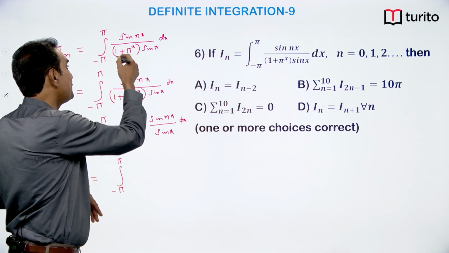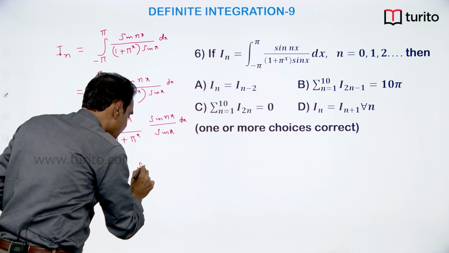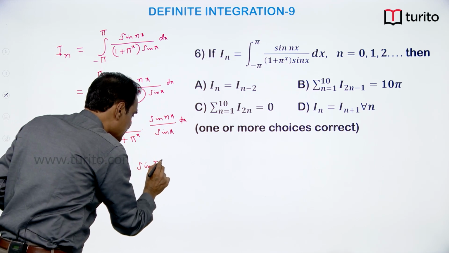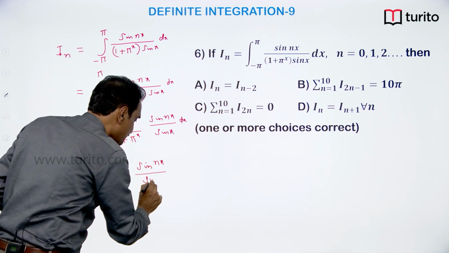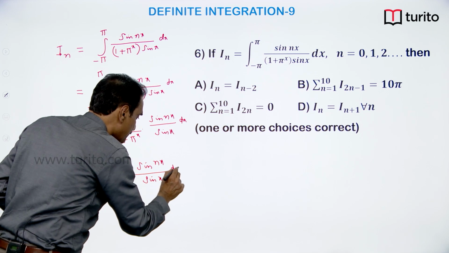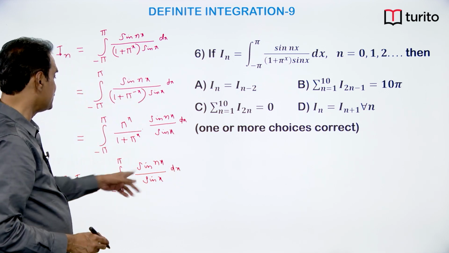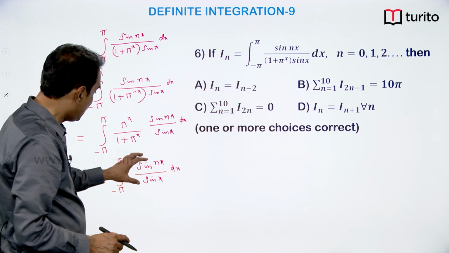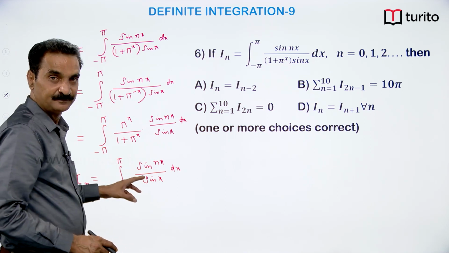So, 1 plus pi power x is eliminated, you will get sin nx by sin x. So, I_n is half of it, and we know the approach for this question.